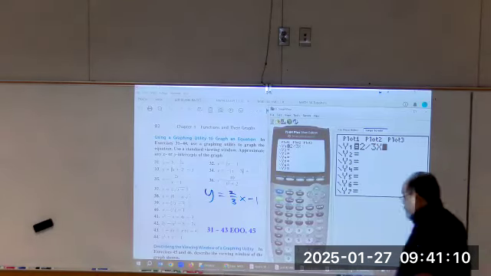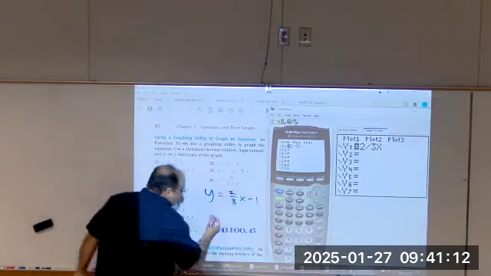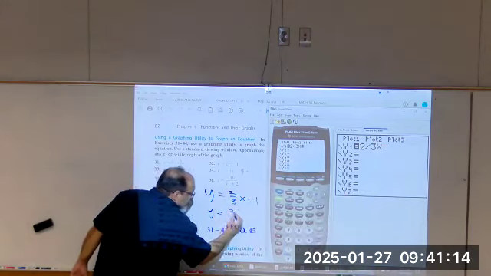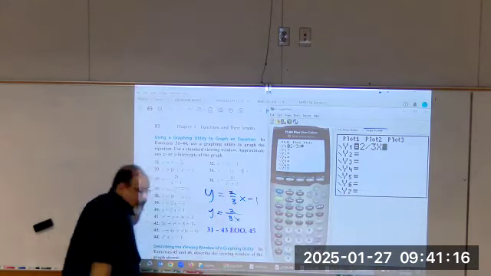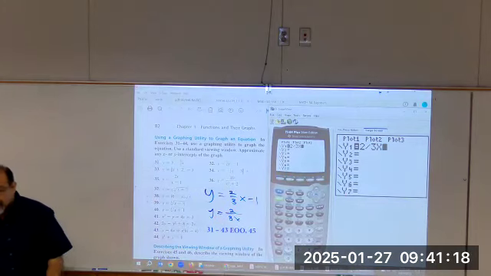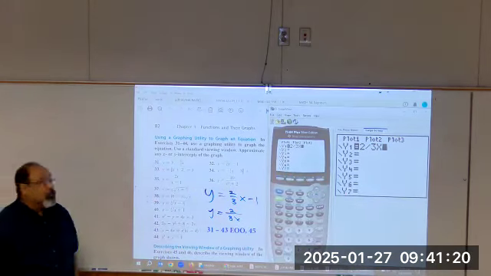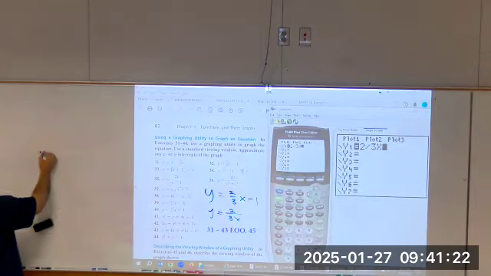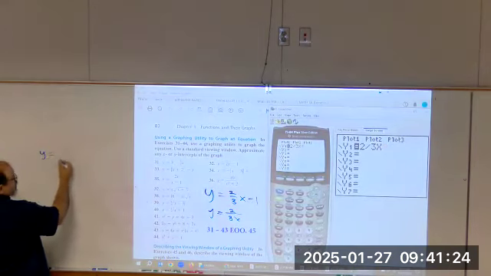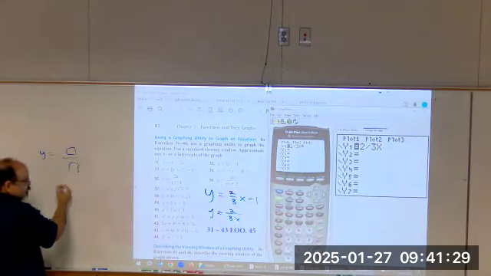They think I'm typing in Y equals 2/3x. Those of you who have a fraction that goes like this, Y equals, and you press the fraction button, it opens up a box.